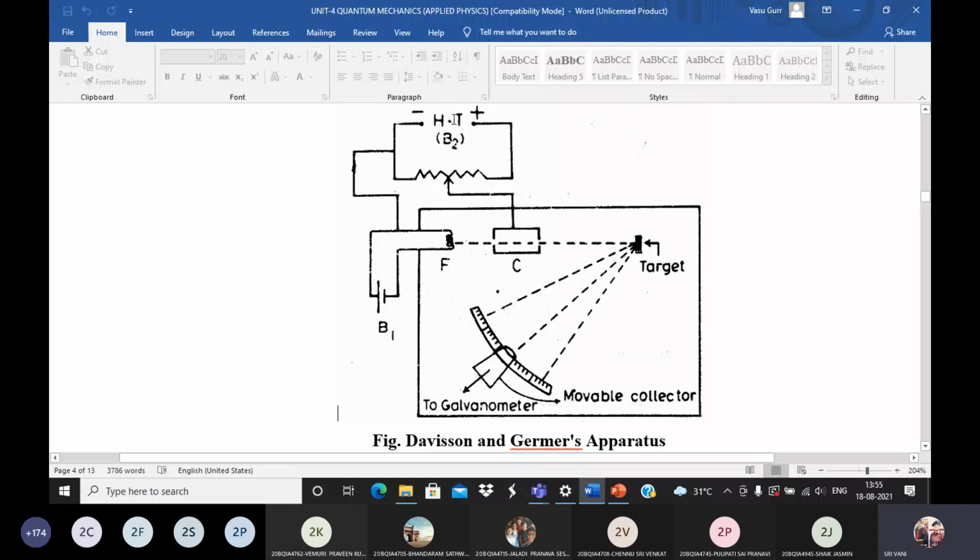Ammeter, voltmeter and galvanometer. To measure the potential, we use a voltmeter, to measure the electric current we use an ammeter, and to detect the electrical current in the circuits, we are using a galvanometer.